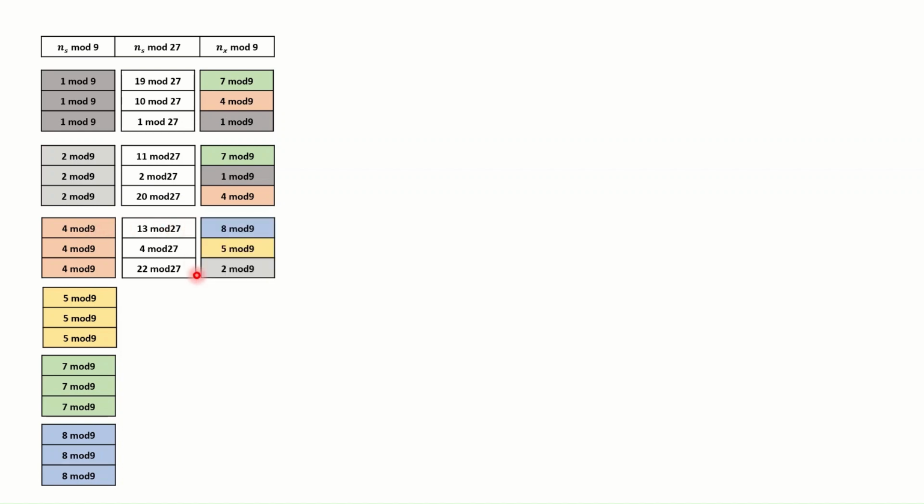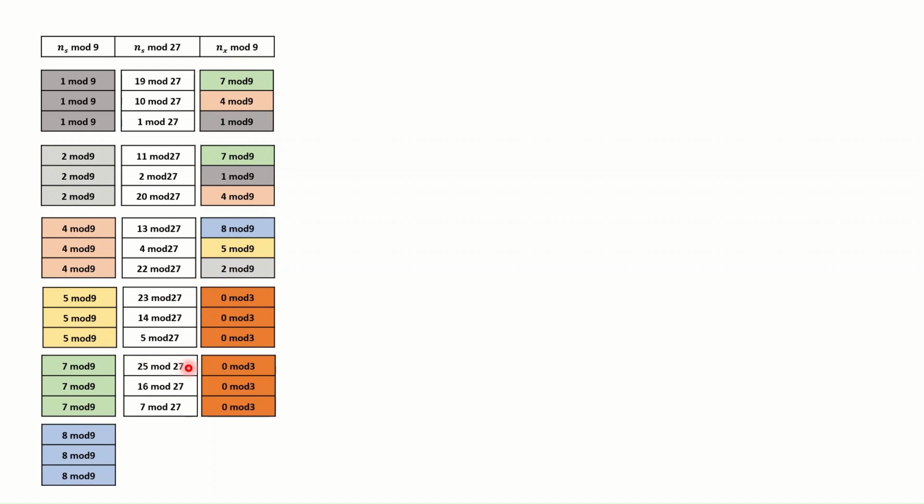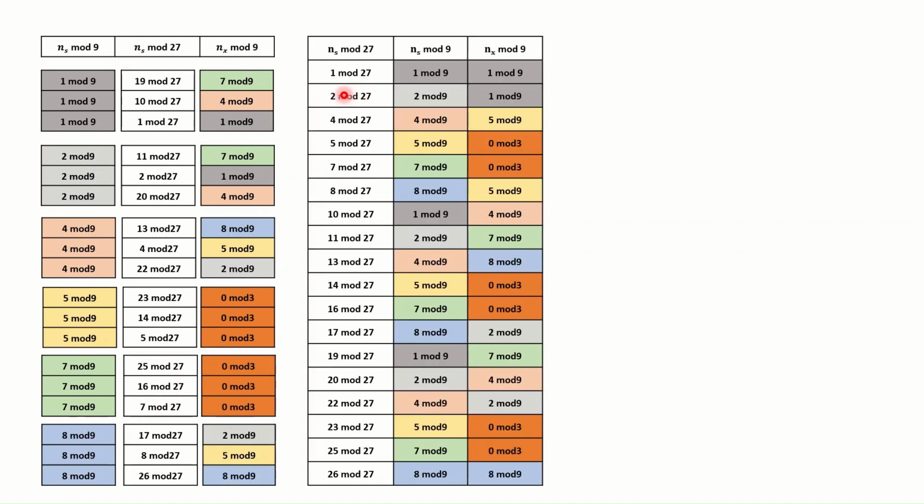It has 3 definitions in terms of mod 27 and 3 possible results of nx in terms of mod 9. We do this for all these cases and we get this sort of a table. If we want, we can arrange them in terms of mod 27 in incremental format, but that is just to enumerate the number of cases that we are studying. This section does not really have a lot of bearing on the solution.